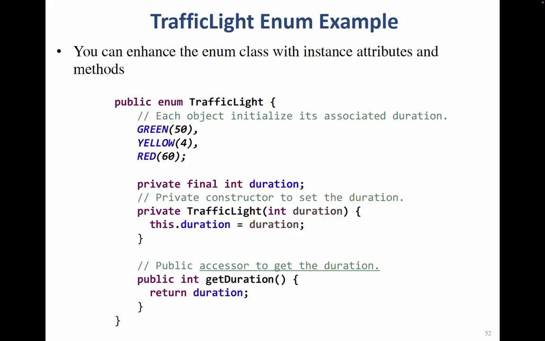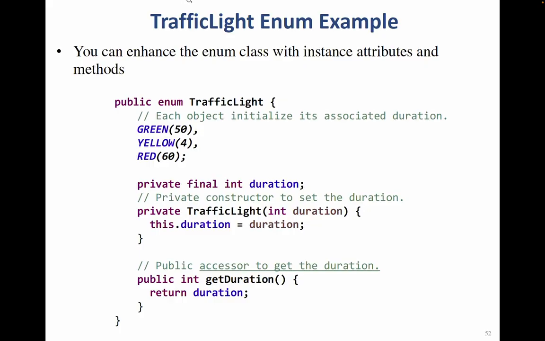So this is not coming from Java. Java cannot say that for a traffic light there should be a duration value. This is my own design to say that for a traffic light I need a duration. I could even say that for a traffic light I need a duration and also the electricity power needed for that light, or maybe how large that lamp would be. So these are all my design decisions. It's not coming from Java. You cannot get it from built-in functions.